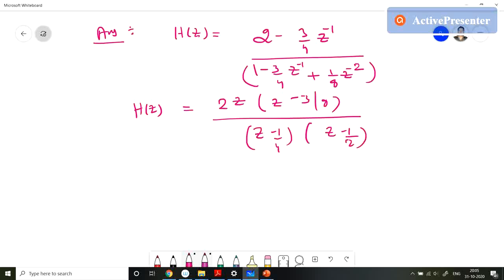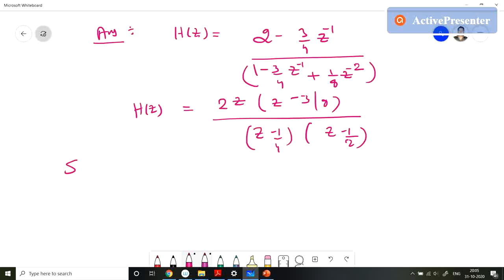So please check this relation. Let us discuss what poles are there.